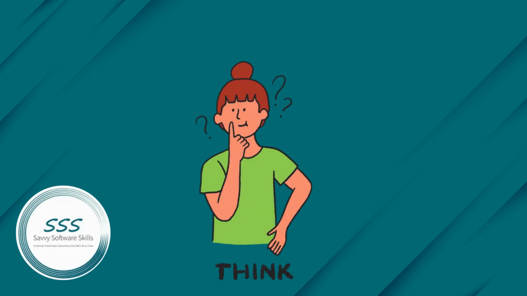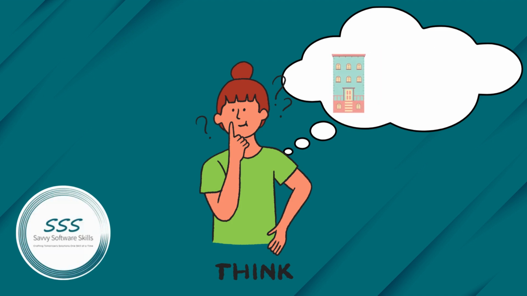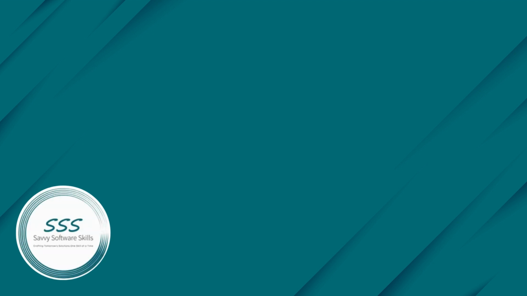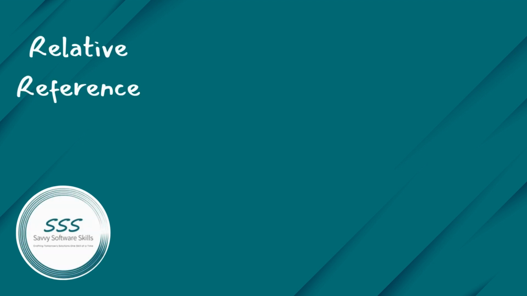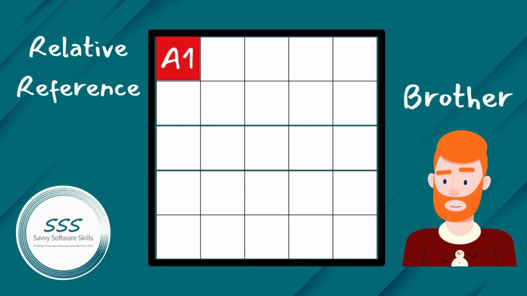Well, let's try to imagine that cell referencing is like family living in different houses. Let's start with relative reference. Think of cell A1 as your brother who happens to like moving from house to house based on a specific pattern.